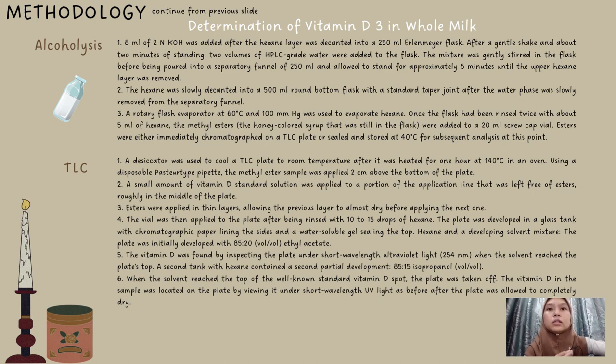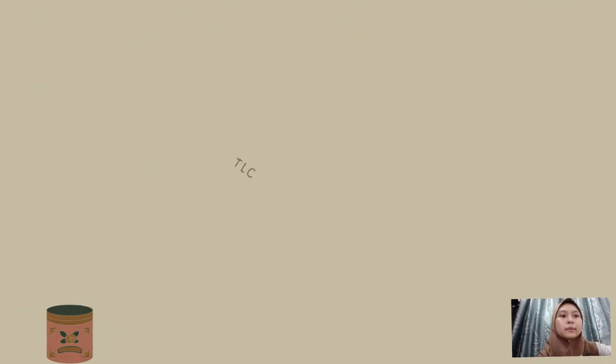When the solvent reached the plate top, a second tank with hexane was used for a second partial development. When the solvent reached the top of the well-known standard vitamin D spot, the plate was taken off. The vitamin D in the sample was located on the plate by viewing it under short wavelength UV light as before, after the plate was allowed to completely dry.